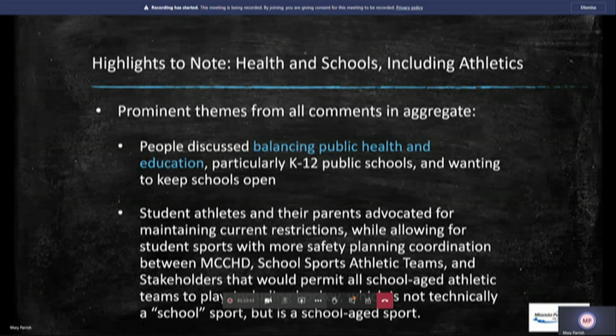Perhaps stakeholders being organizations that own or manage the fields or the rink or what have you. And the messages that came into us were actually from the hockey team, which I now understand is not technically a school sport, but it is a school-aged sport that a lot of students participate in.